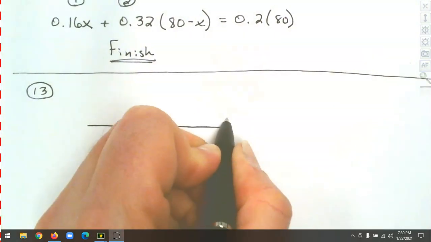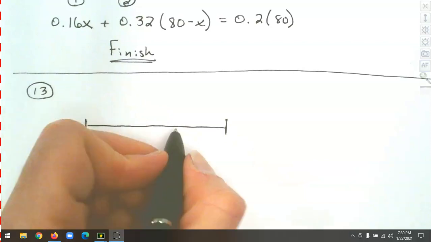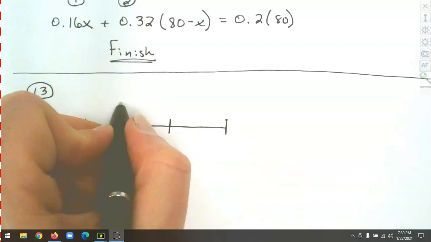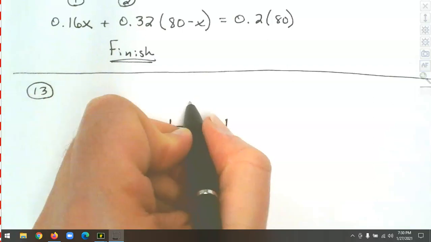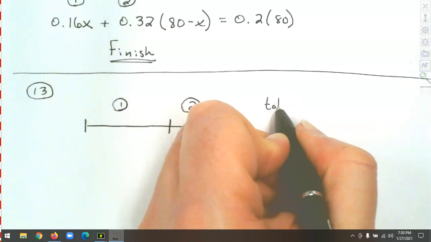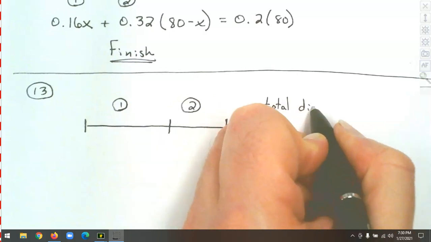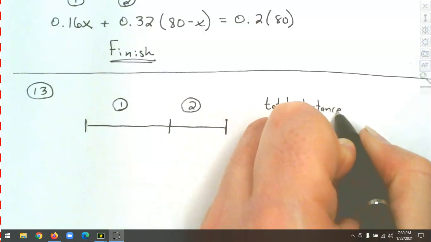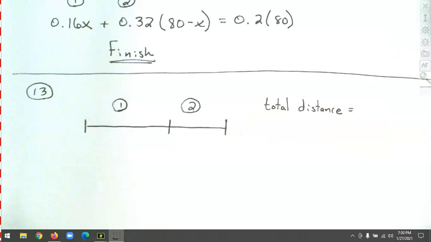So what we've got is a trip here, and that trip is going to be broken up into two parts. And we know our total distance is going to be, let's see here, 240.